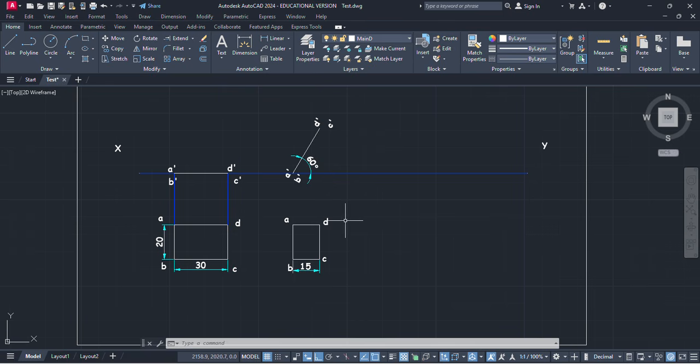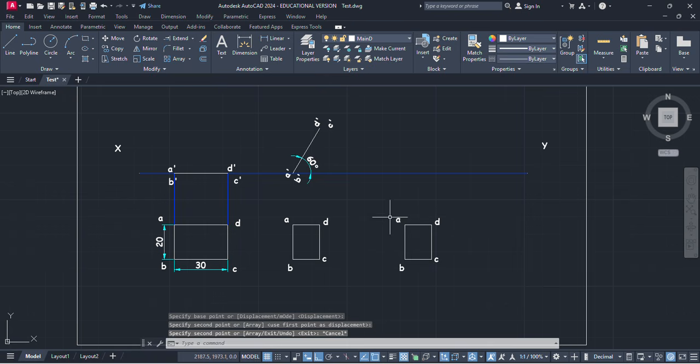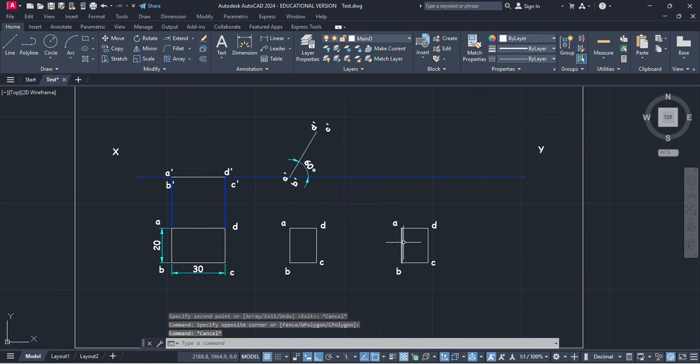Now the third step is, along with these two conditions, resting on this edge on HP and 60 degrees with HP, this edge is going to make 45 degrees with the VP. So for this, what you have to do is just select this and make a copy of it. And now you have to select this and rotate it in such a way that after rotation, this resting edge is at an angle of 45 degrees with the XY line.